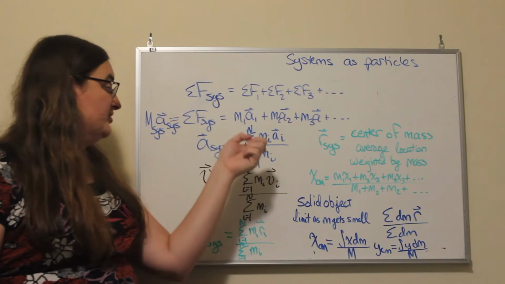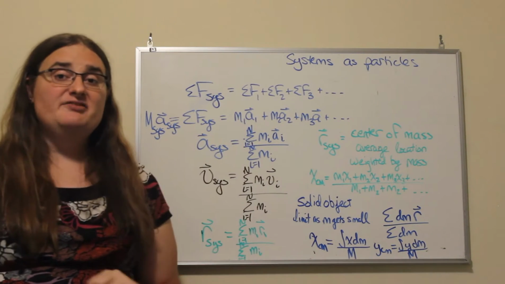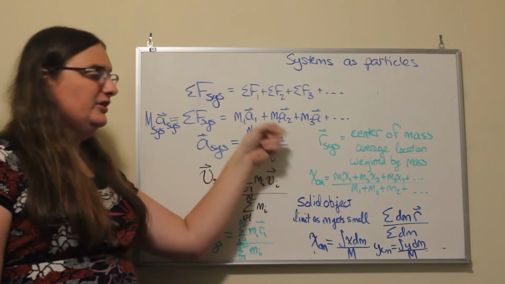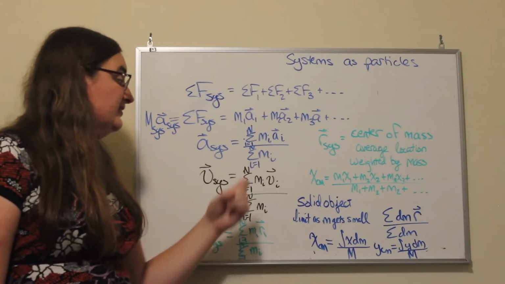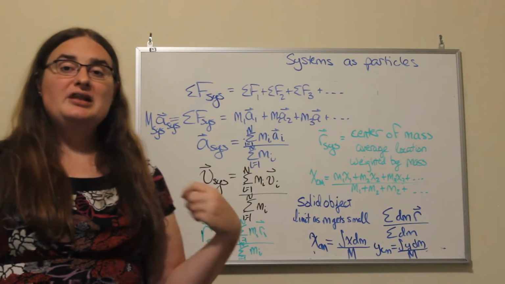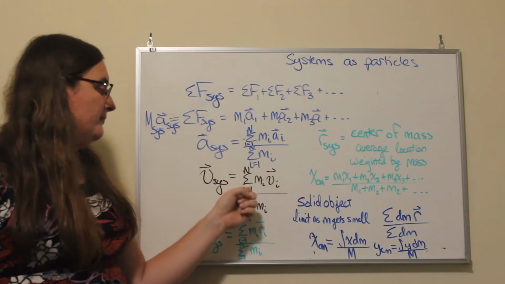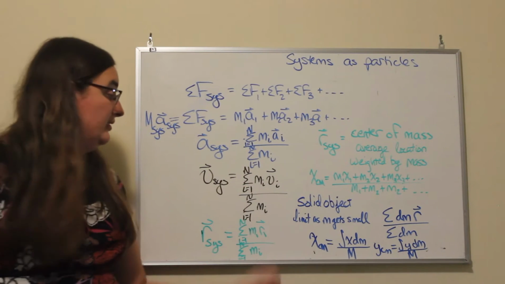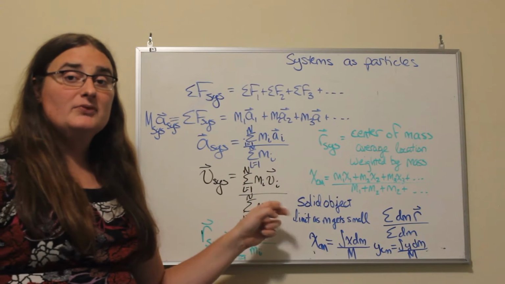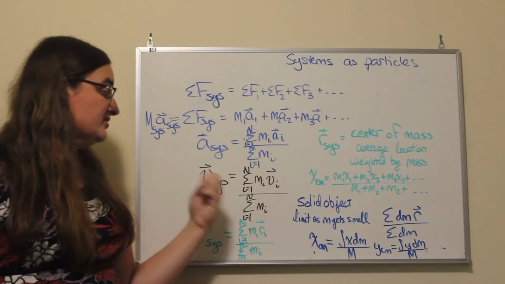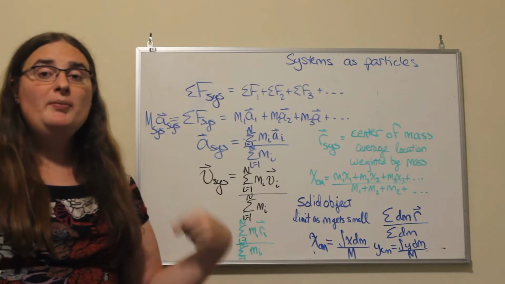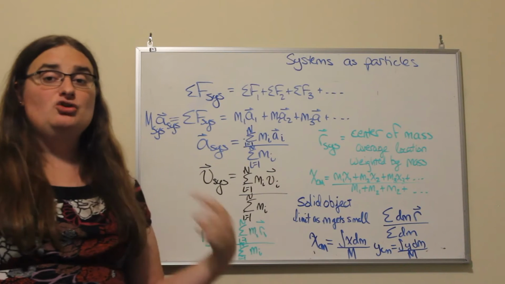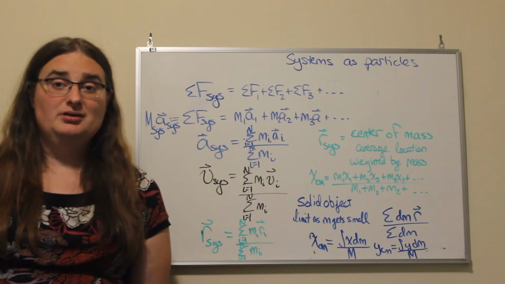Now if I integrate both sides, I would get the velocity of my system. On the right-hand side, instead of looking at the accelerations, I'd be looking at the velocities. So the velocity of a system is going to be the sum of the mass of each element times its velocity, which is just the total momentum, divided by the total mass of our system.